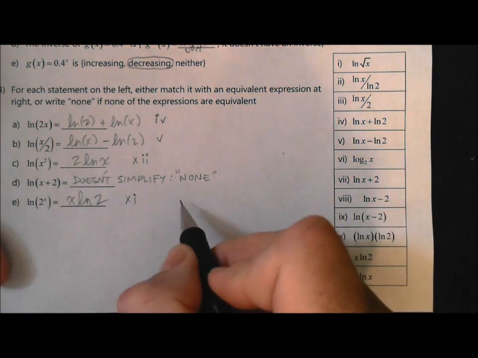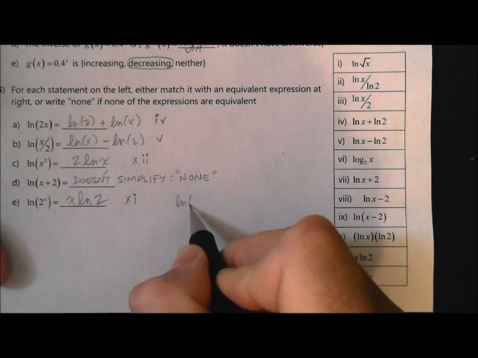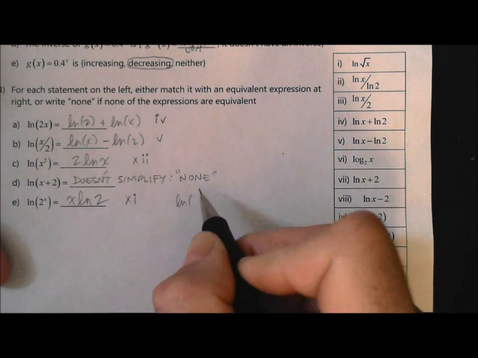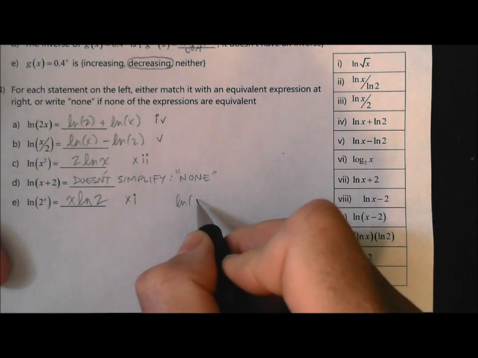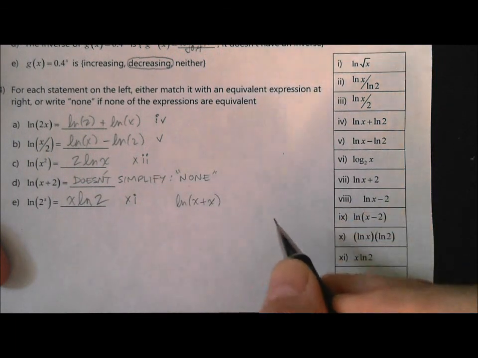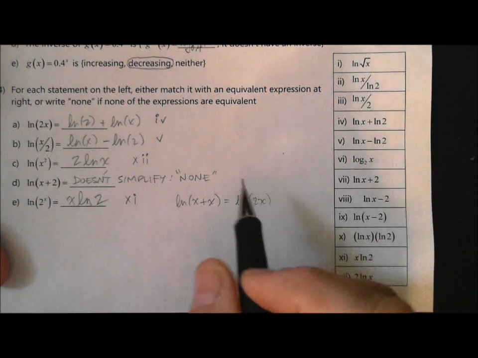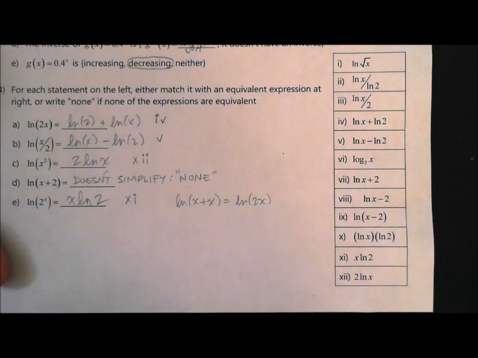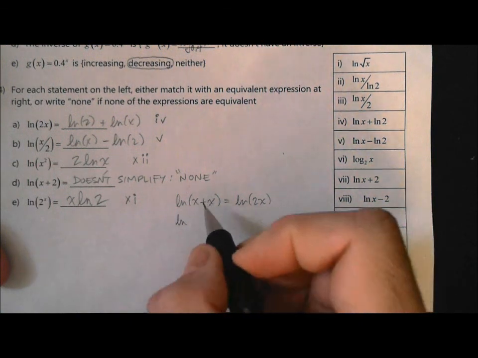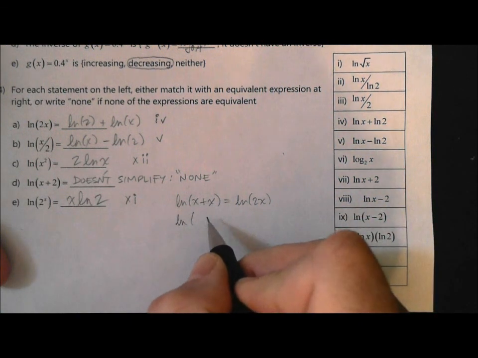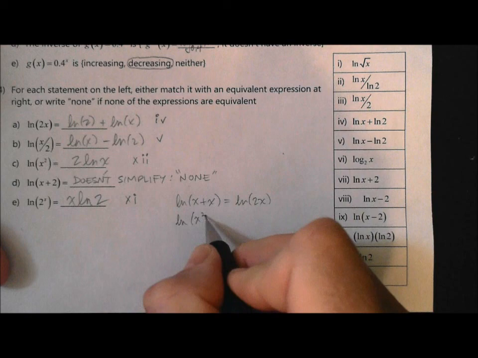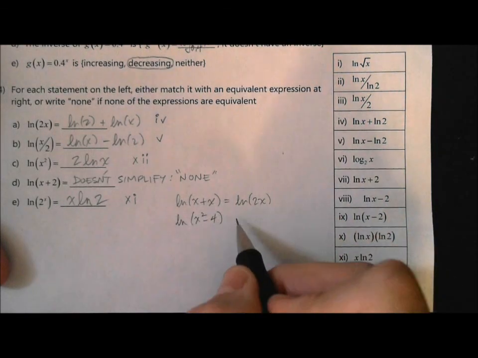For example, you might wonder about ln of, well, x plus x, for example. That's a simple case in which we get ln of 2x, which would be our first one. That one does simplify, but not directly from a sum. Or you might have something like ln of x squared minus 4, which is not technically a sum.